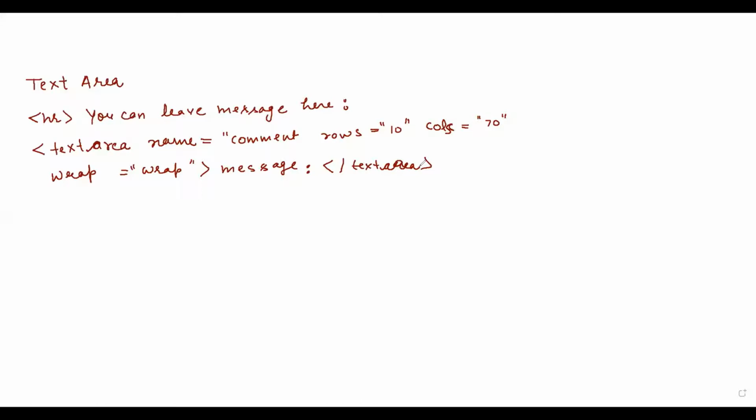So here the size of the area is defined by two optional attributes, rows and columns, and the wrap option provides several ways of letting the text wrap within the box. So you can give this wrap attribute off, virtual, or physical.